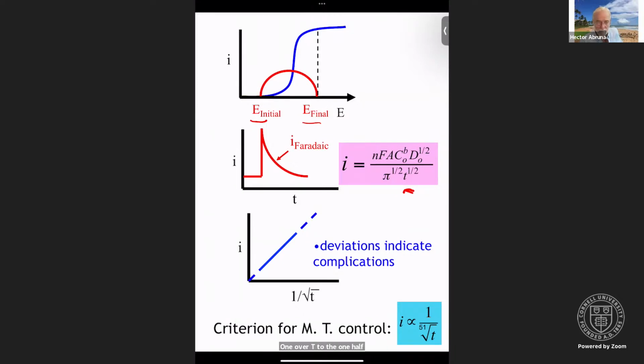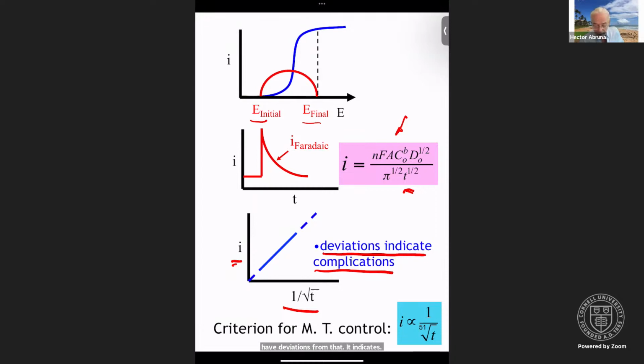And given that this is the scaling, if we make a plot of current versus 1 over the square root of time, that should give you a linear profile that goes through the origin. If you have deviations from that, it indicates coupled chemical reactions.